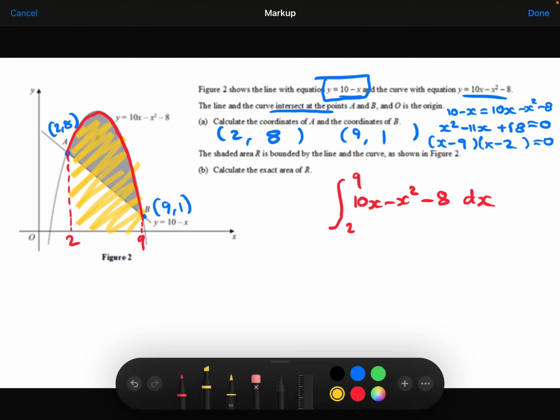That's going to tell me all of that. Which then, if I subtract the area of the triangle, that's going to leave me with the shaded area.